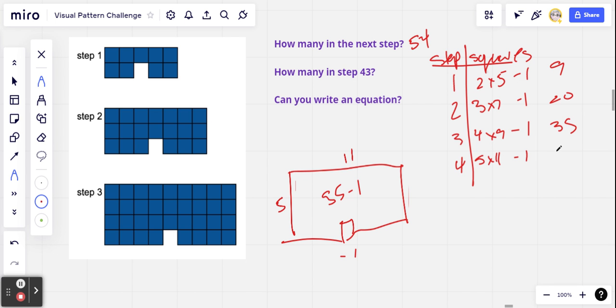So let's take a moment to verify that this is a quadratic pattern by taking the differences here. So 20 minus 9, that is 11. And 35 minus 20 is 15. And 54 minus 35 is 19. So we're not getting a constant in the first set of differences, so that's not a linear pattern.